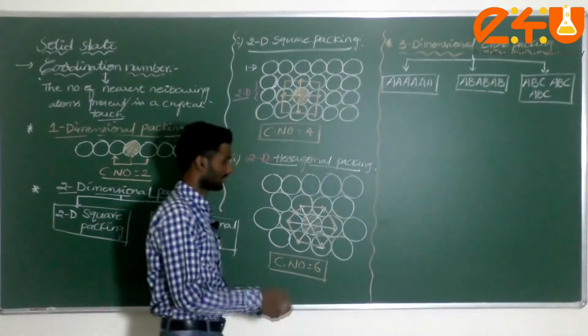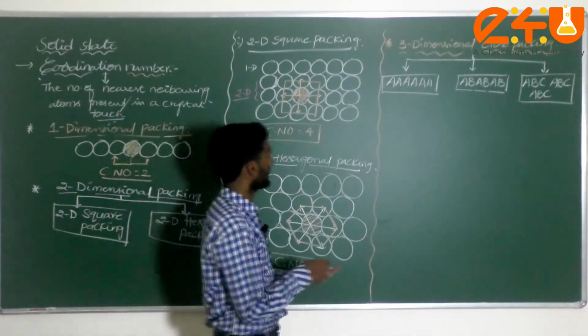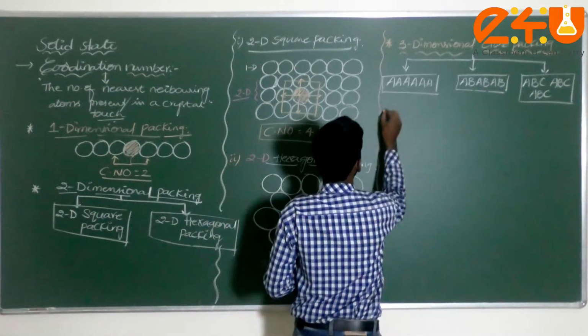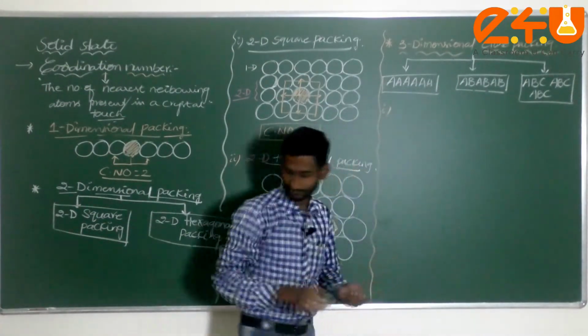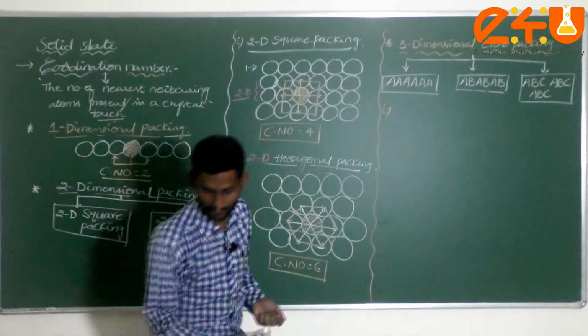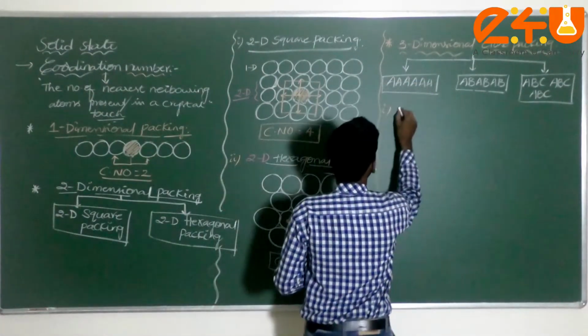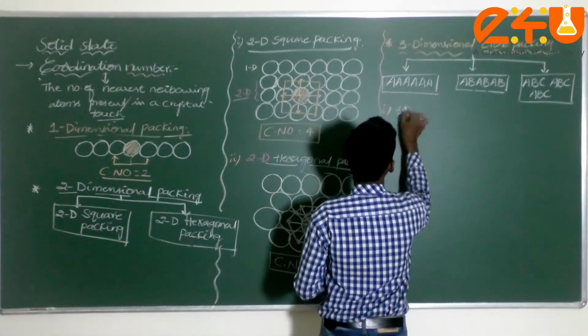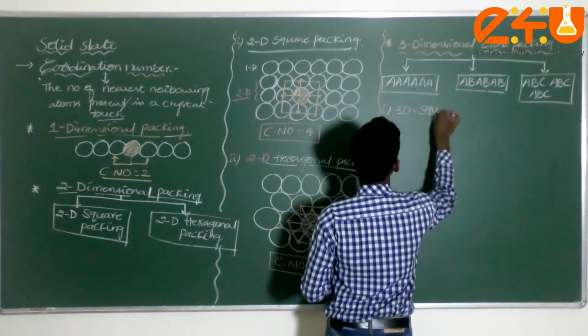Now first of all, in that, what comes here for AA? The first one, AA type, is 3D square packing that we are observing.